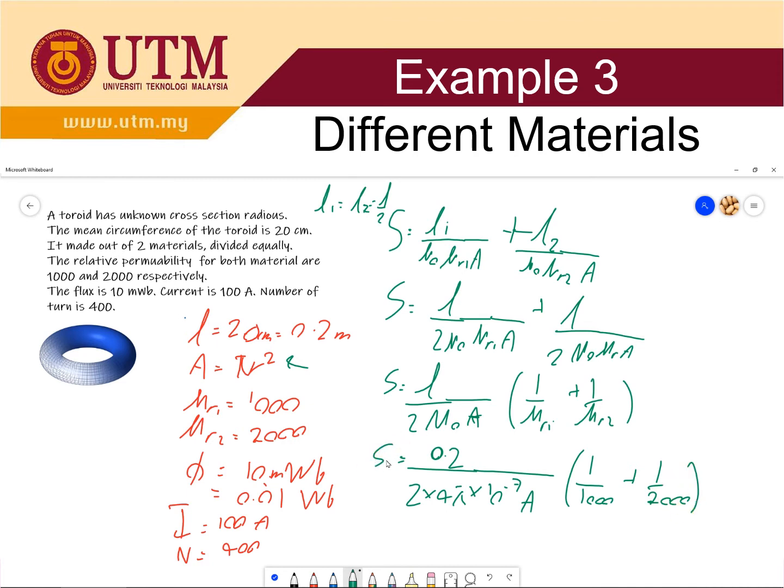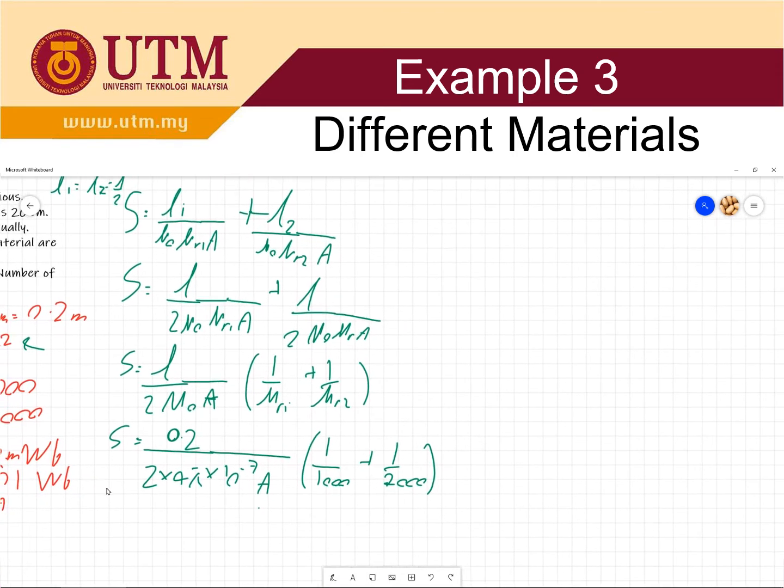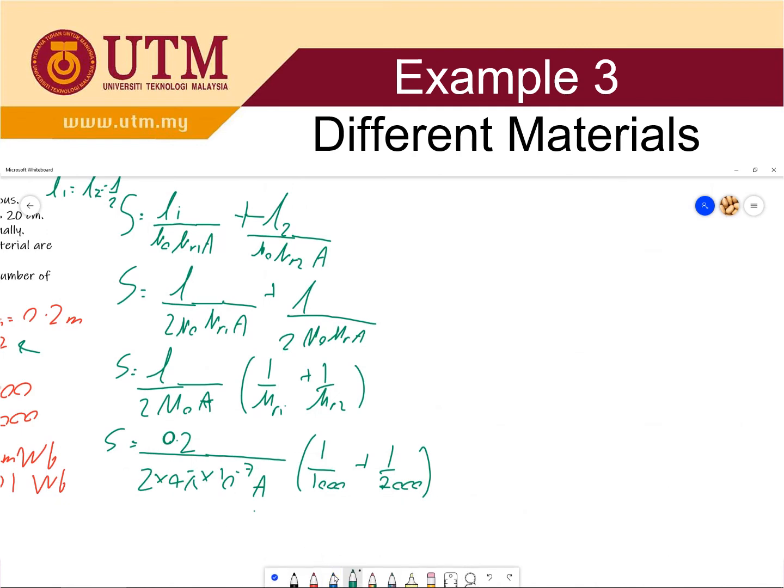So what is S? There are two unknowns right now, S and A. In this case, you have to calculate S first. The mmf F equals Ni, and equals S times flux. You don't know S, so S equals Ni divided by flux.